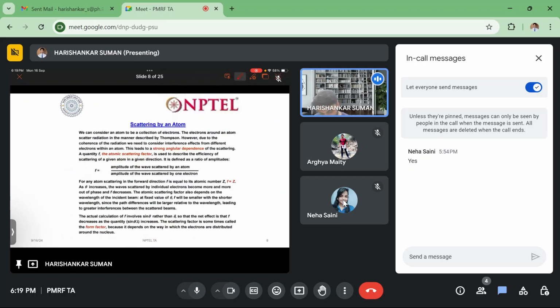which is given by the amplitude of the wave scattered by the atom over the amplitude of the wave scattered by one electron.